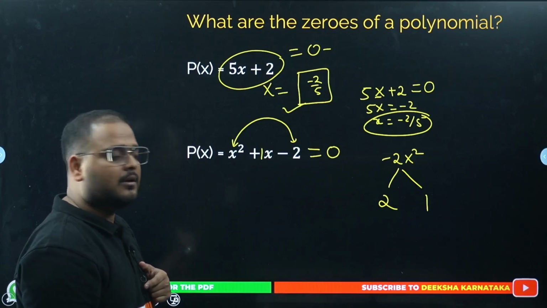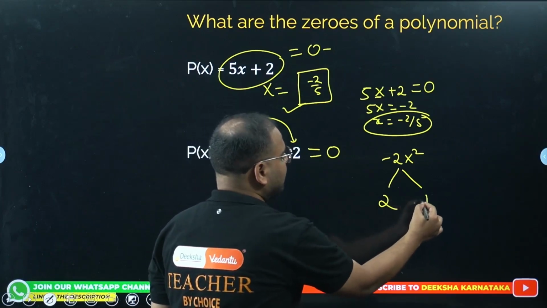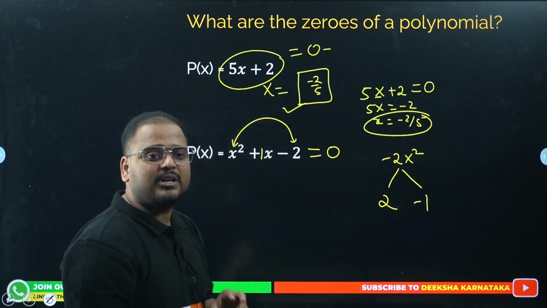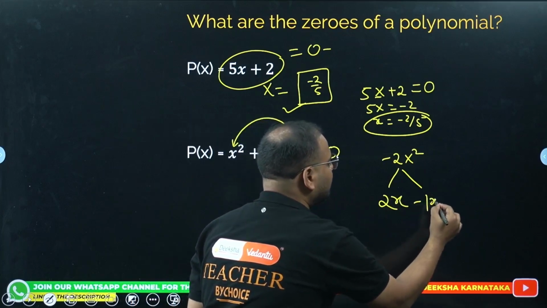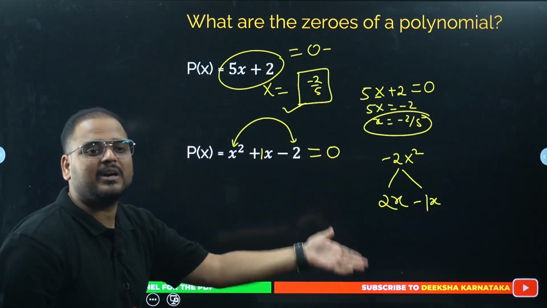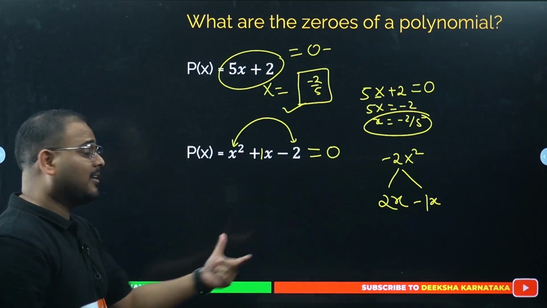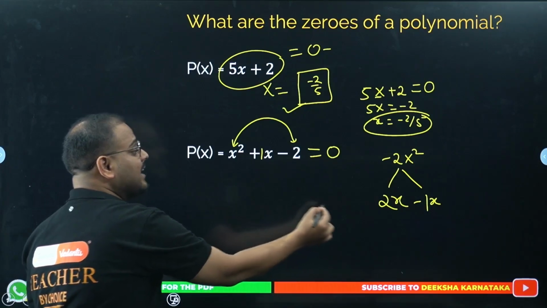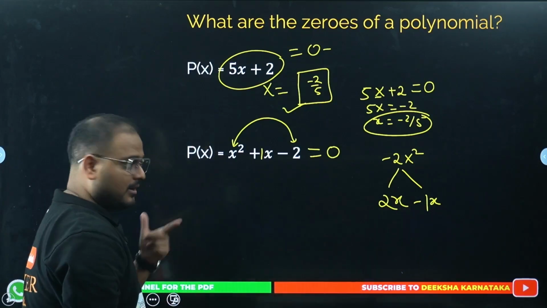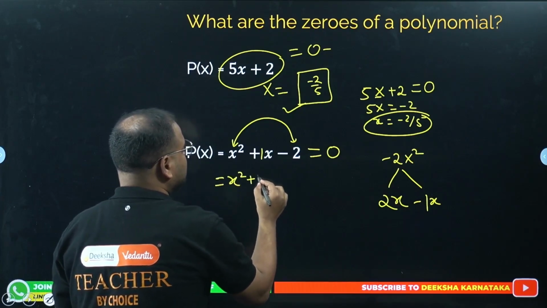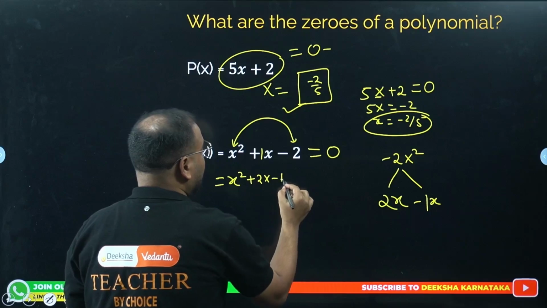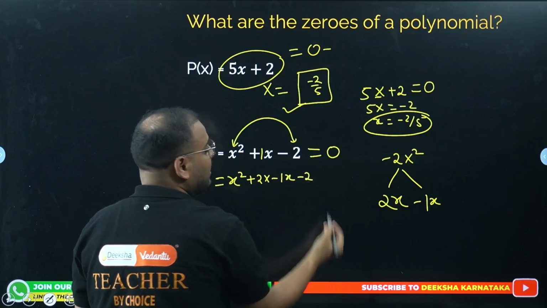I can get, sir. Take 2 positive and take 1 negative. 2 minus 1 is 1. Now take this, write x on both the places. So, 2x minus 1x. What we have done? We have split this 1x as 2x minus 1x. Let's see how. We can write this as x square plus 2x minus 1x minus 2 and what?